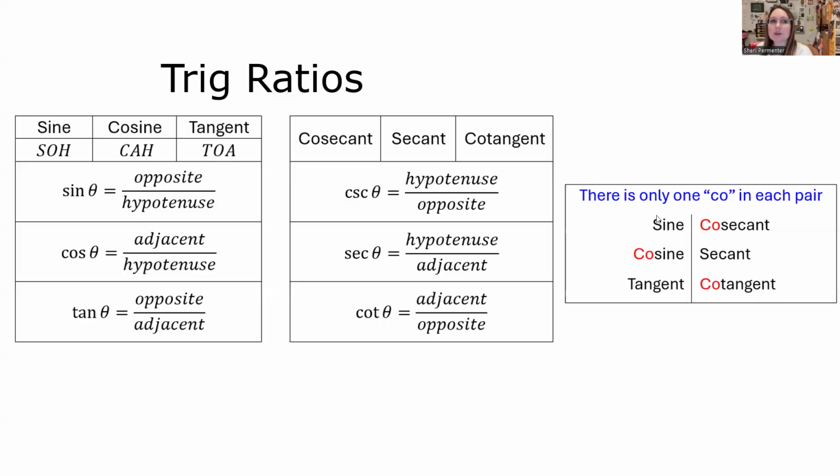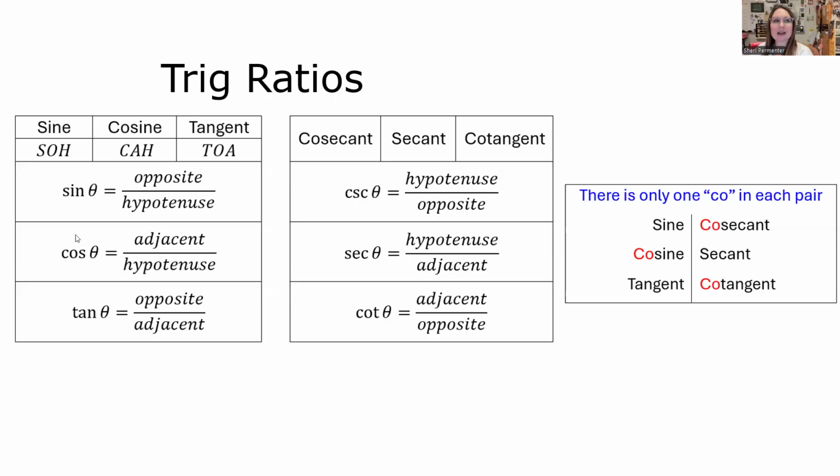But if you have sine and cosine to figure out which one's pair, well, sine doesn't have a co, so it has to go with the one with a co. Cosine already has a co, so it has to go with secant, the one without a co. So that's the way that I remember who pairs up with who. And these reciprocals are abbreviated.